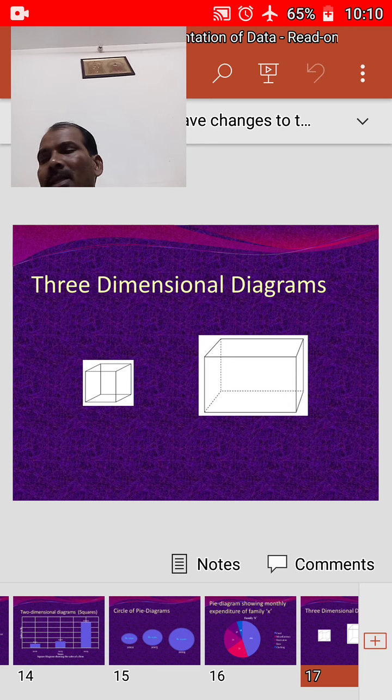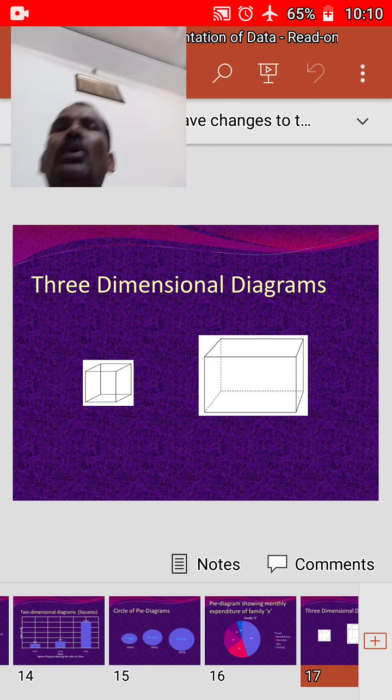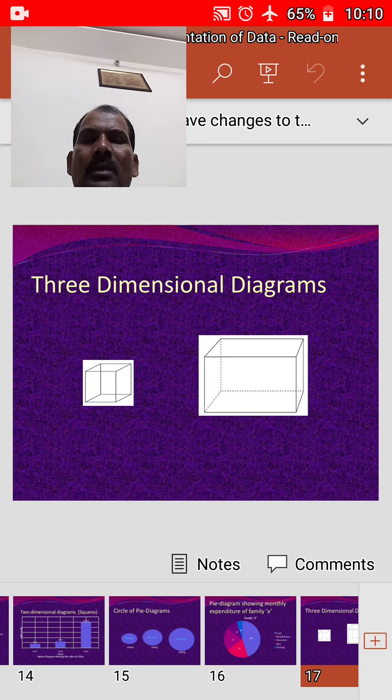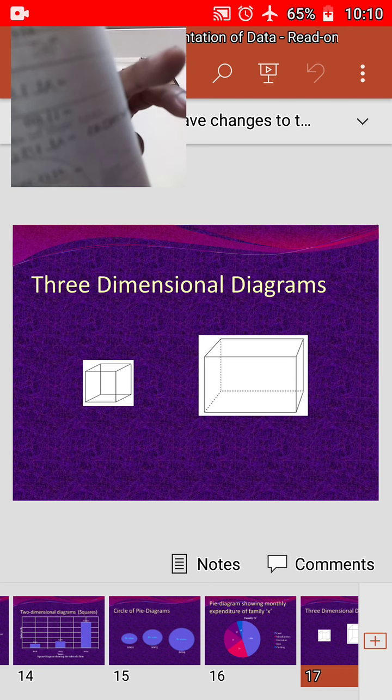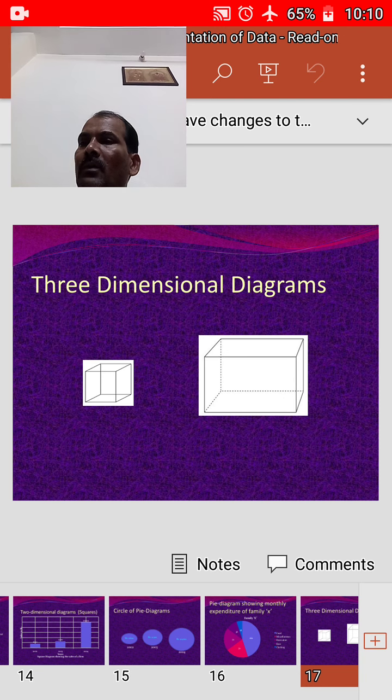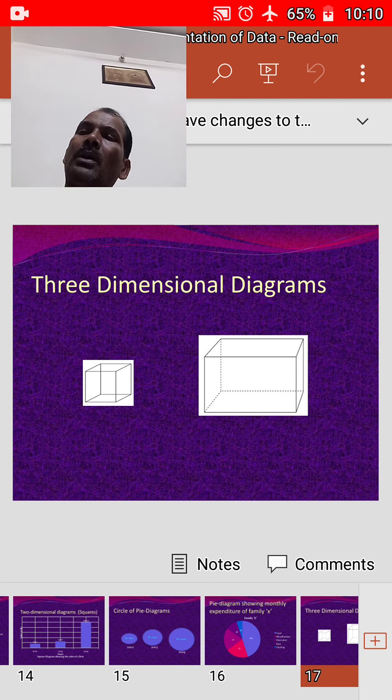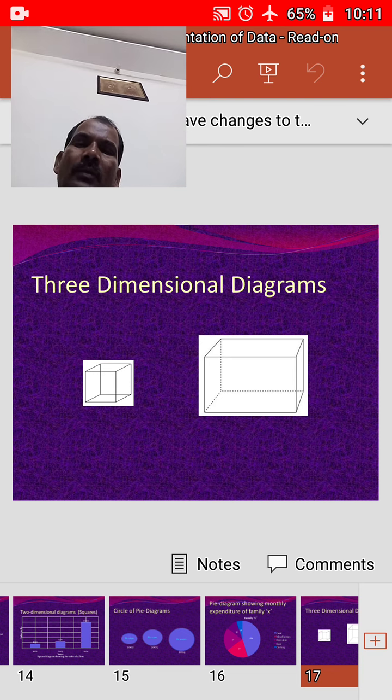Based on this, the cube root for the year 2011-12 will be the anti-logarithm of 1 by 3 log 1600, that is, anti-logarithm of 3.2041 by 3, anti-log of 1.068, which will become 11.69. Using 11.69 as one side of the cube, we will draw the first one.